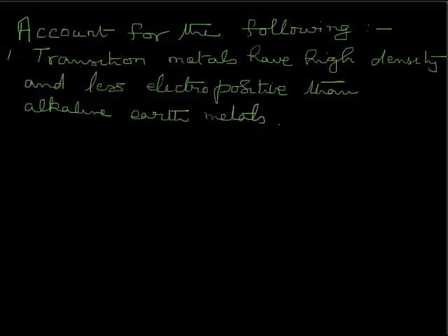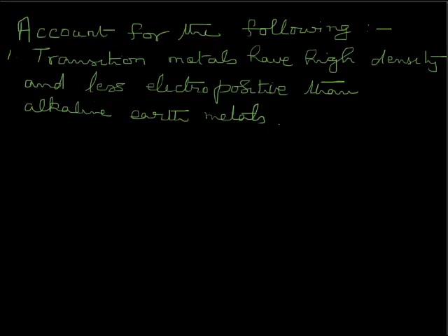Due to the greater interatomic attraction, the volume of the transition metal for the given mass of the metal is less compared to that of the alkaline earth metal. So the density is higher. For density, we have to see mass by volume. Since the volume is less, transition metals have higher density than the alkaline earth metals.